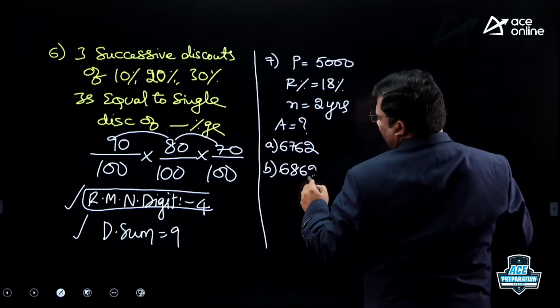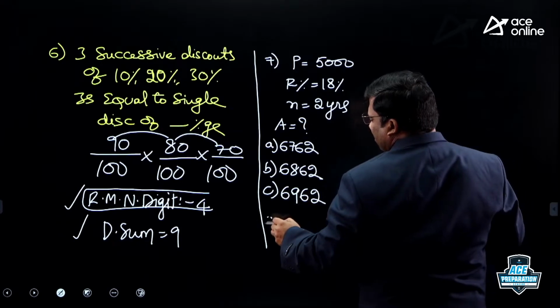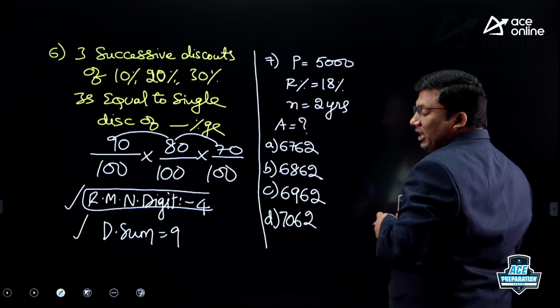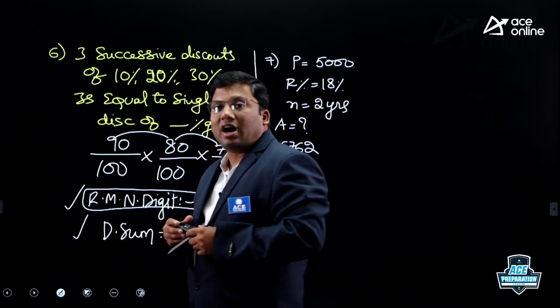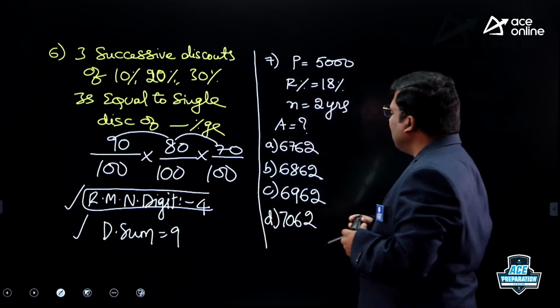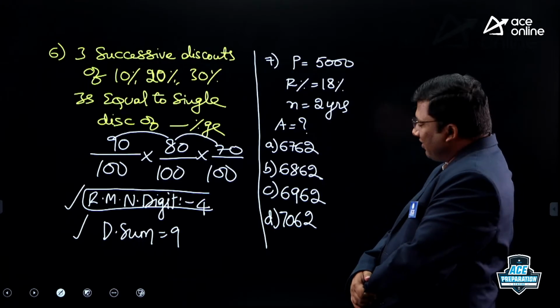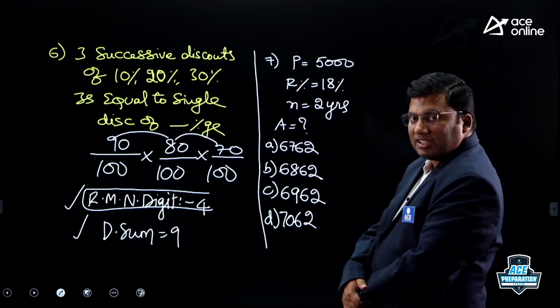P is 5,000. R is 18 percentage. N is 2 years. Amount is how much? 6762, 6862, 6962, and 7062.